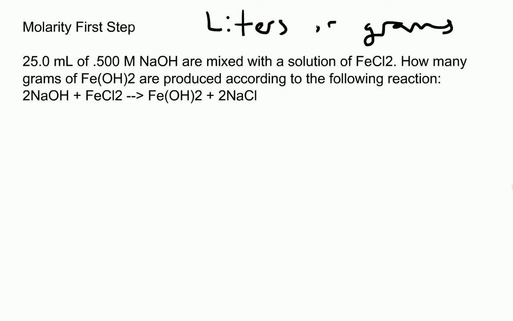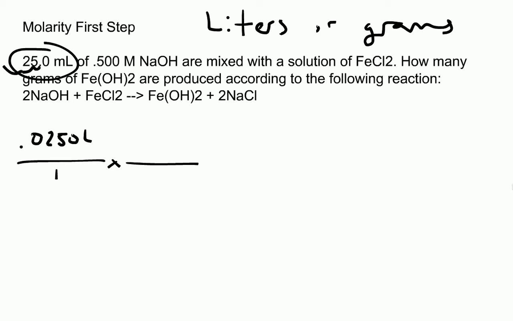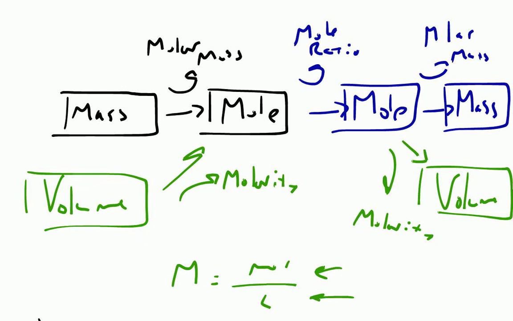Well, what do we have? We don't have grams. We have milliliters, which in a sense is liters. You can convert milliliters to liters by moving the decimal over 3 to the left. 0.0250 liters is what you have to start. And your first move, like I showed you in this last step, is to go from volume to moles using molarity.